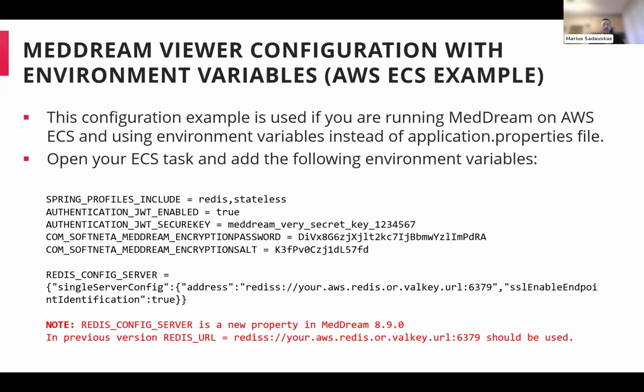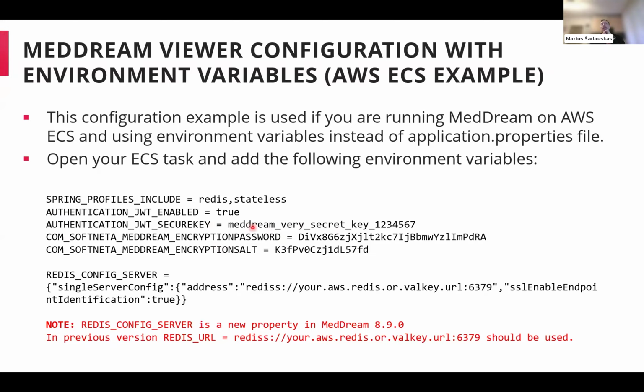what you need to do is edit your ECS task, create a new revision, and add the same properties just as environment variables. As you can see, it is done by making them all capitals, and instead of dots, there is an underscore. But you will be able to copy this from the presentation.